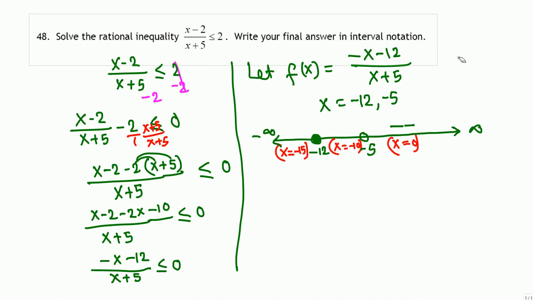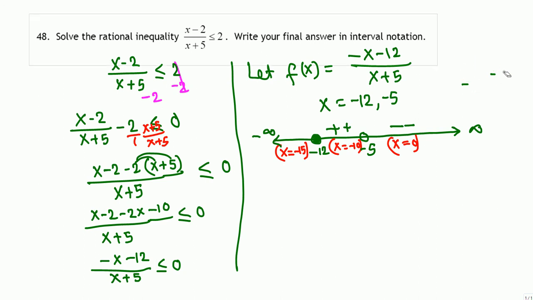Now repeat the procedure. For x = −10, plug in −10: (10 − 12)/(−10 + 5) is −2/−5. The negatives cancel, giving 2/5, a positive number, so we put positive there.